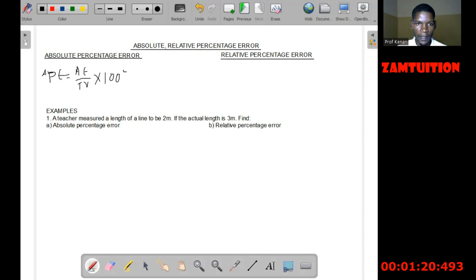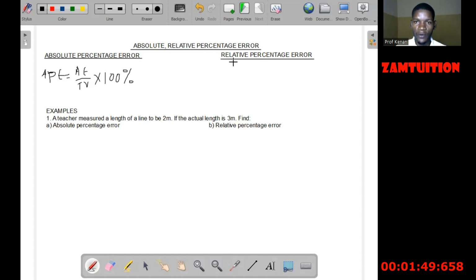This is the formula which is used when I'm finding the absolute percentage error. So absolute percentage error is equal to absolute error, divided by the true value, multiplied by 100%.